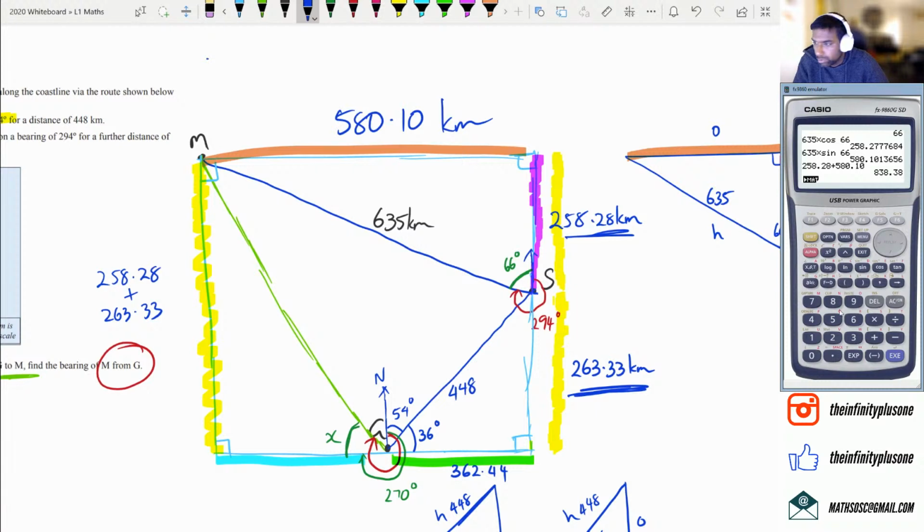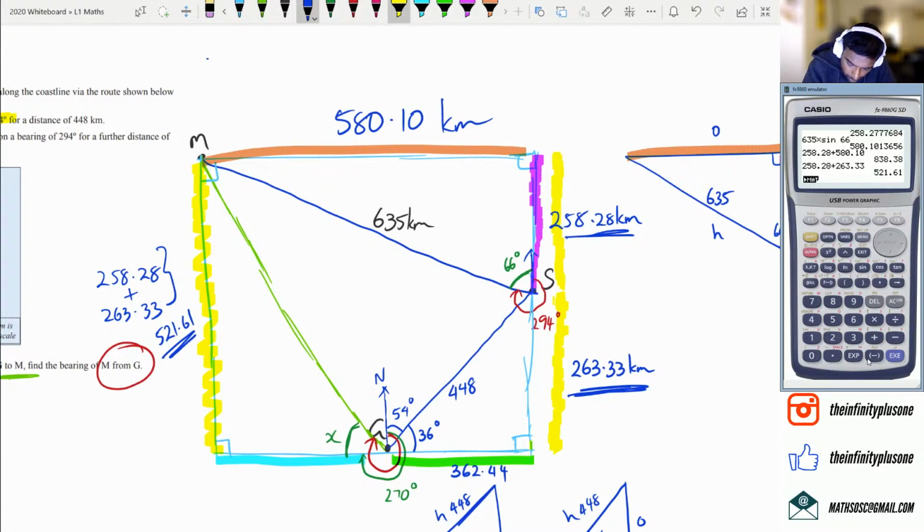Oh, I've added 580.10. Oops, sorry, my mistake. I thought something looked a bit weird. It's 258.28 plus 263.33. Cool, there we go. So we got 521.61. So this yellow measurement is 521.61.